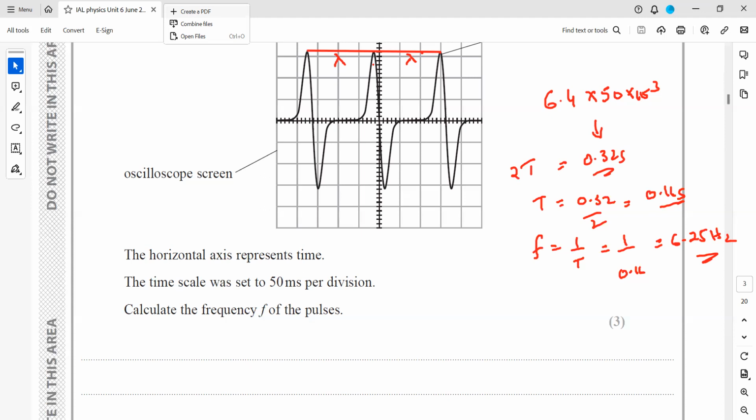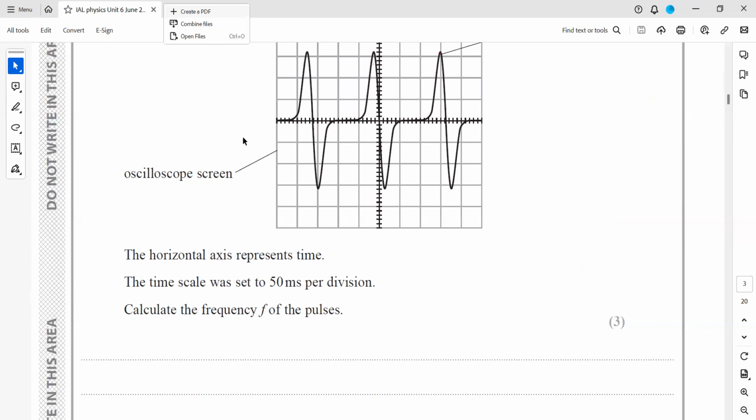The best thing for preparation for unit 6 is doing the papers. You will learn the things from the paper itself when you're solving. Is it clear, this question? Okay.